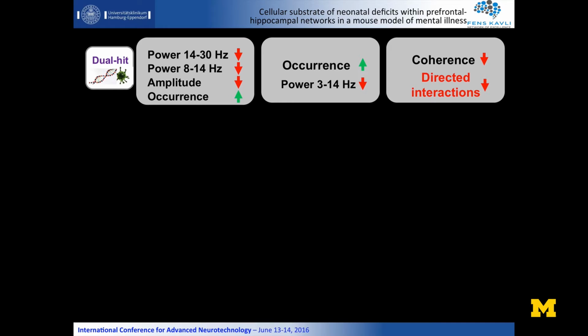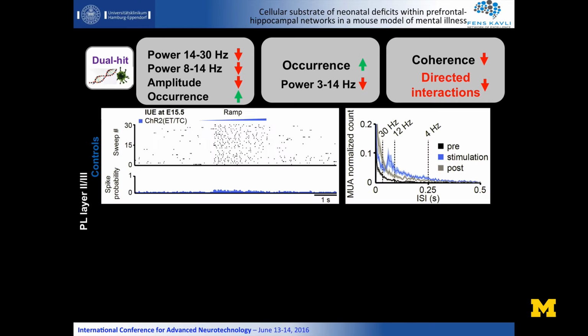Now the question is why it is significantly decreased, and we started to address this, and the preliminary data that I want to share with you are coming from this optogenetic manipulation. We did the same experiment that I showed you before for the normal mice, so not the schizophrenia model mice, the controls, and you remember this peak after stimulation with the ramp when the layer 2-3 neurons were activated by light.